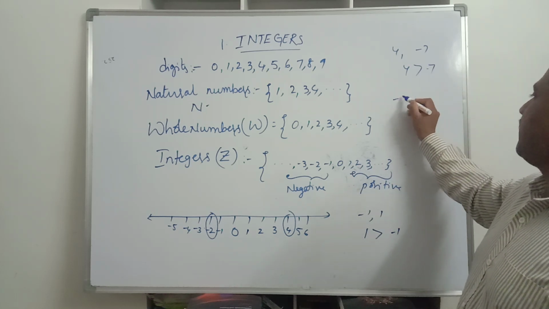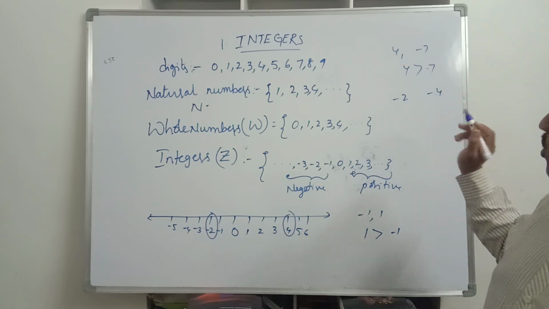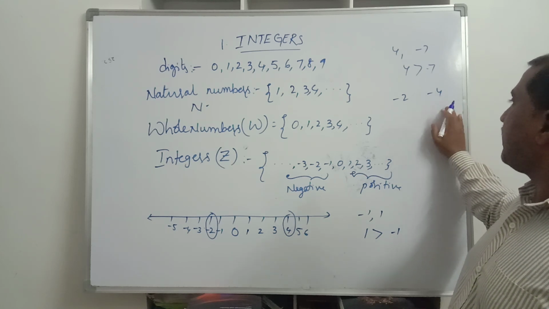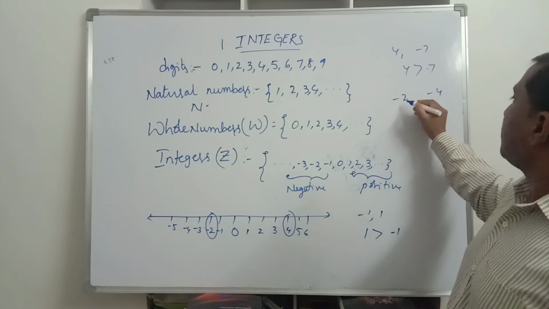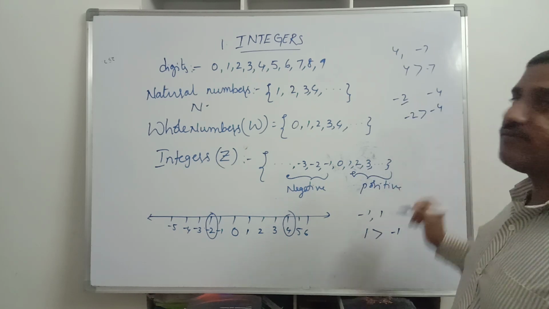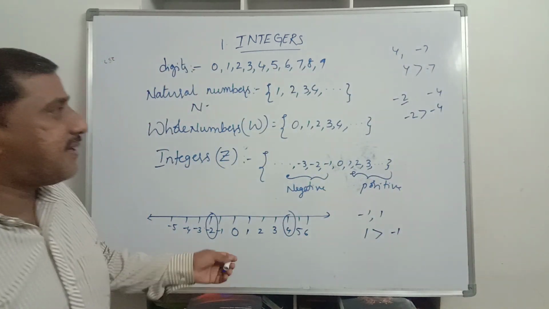Similarly, if I take -2 and -4, both are negative integers. Which of these two will come on the right side on the number line? -2 will come on the right side, therefore -2 is greater than -4. Like this we can compare numbers and write them in ascending or descending order.